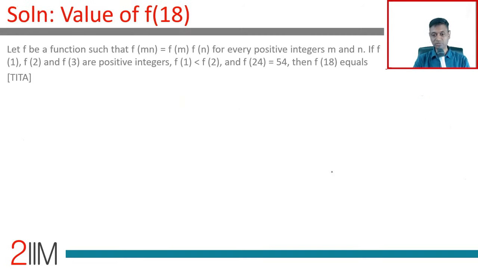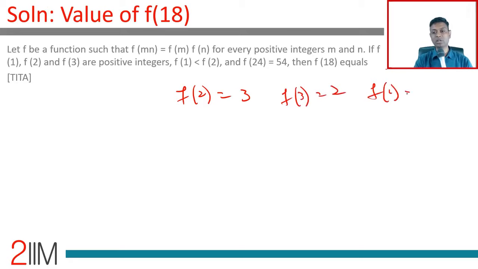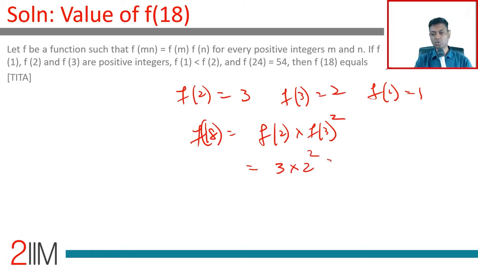Quite simply, from this we know that f of 2 is 3, f of 3 is 2, f of 1 is 1. f of 18 equals f of 2 into f of 3 whole square, 2 into 3 into 3, which is 3 into 2 square, which is 12.